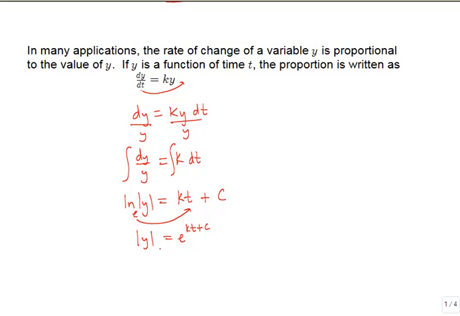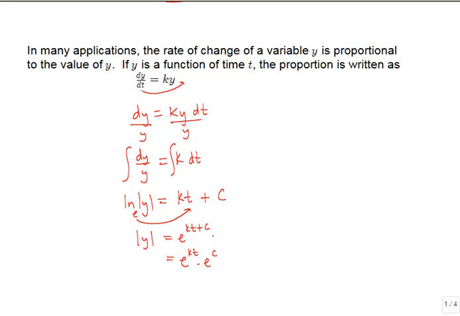Okay? So when I look at this right-hand side, one thing that you can manipulate here is notice that e to the kt plus c, we have a sum up there in that power. So one thing that I'm going to do is break up that sum and make this e to the kt times e to the c. And this is true because when you have the same bases, you get to add powers.